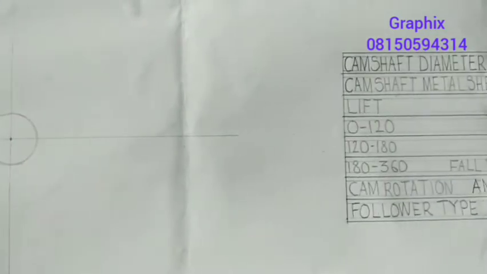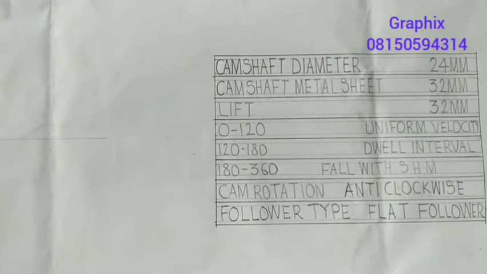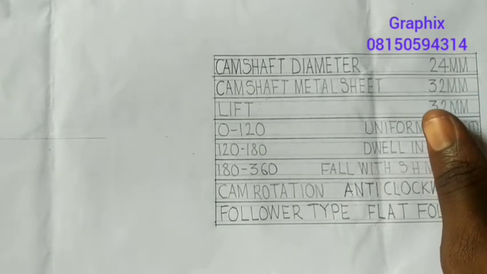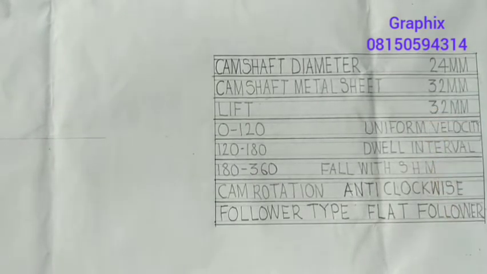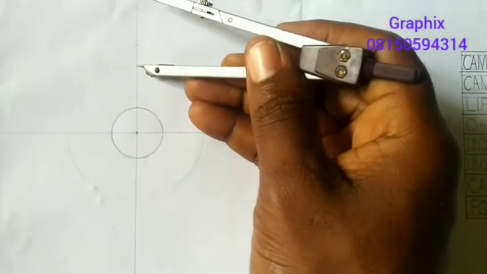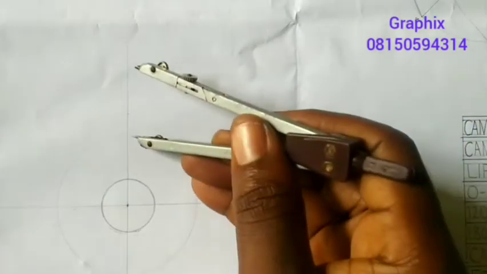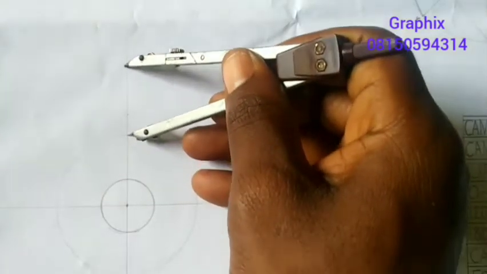Right? Now the next thing we'll draw is the lift. The lift is also given as 32 millimeter here, right? You can see that. So it is not a diameter, it is just a value. So I'll measure 32, and the 32 I'll measure will be from the top of this circle here. So from the top of that, I'm going to measure 32 from here. So this is my 32 here.